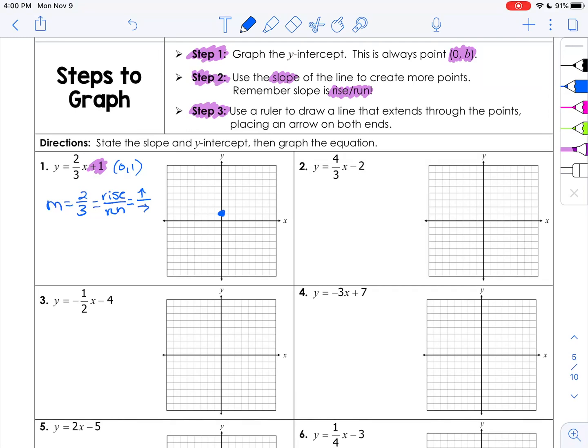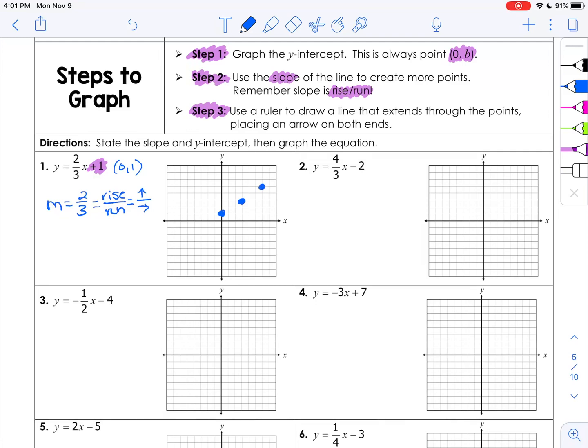And we're going to start from our y-intercept that we already have plotted. So starting from our y-intercept, we're going to go up 2, over to the right 3, and that gives us another point. And we're going to do that one more time. Up 2 to the right 3.